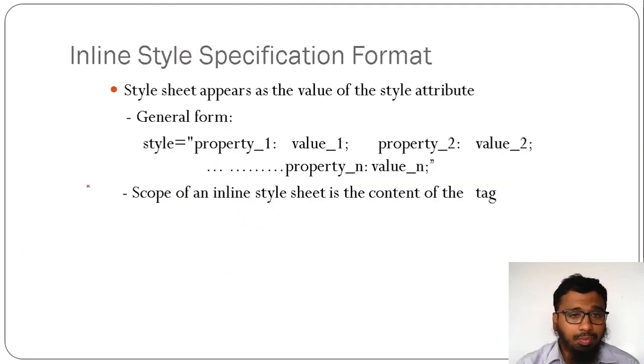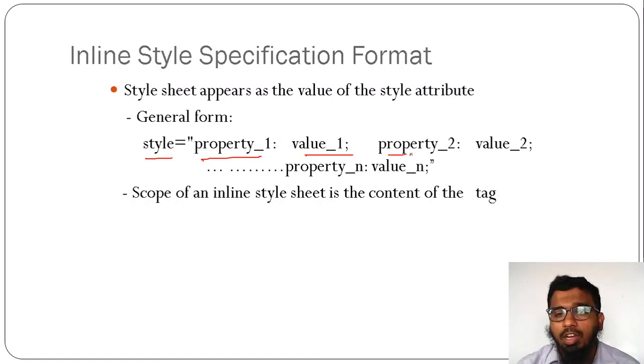Next, inline style specific format: style sheet rules appear as the value of the style attribute. General form: style equals property 1 value 1, property 2 value 2, property 3 value 3, and so on, property n value n.